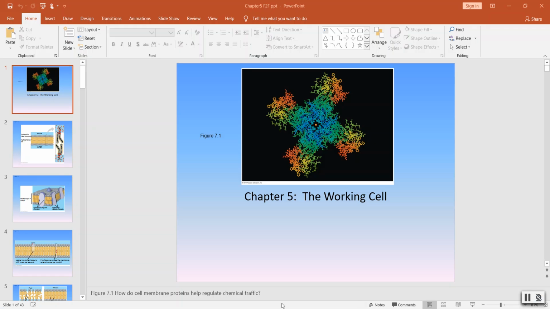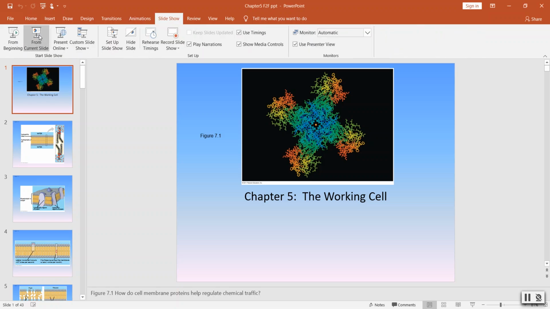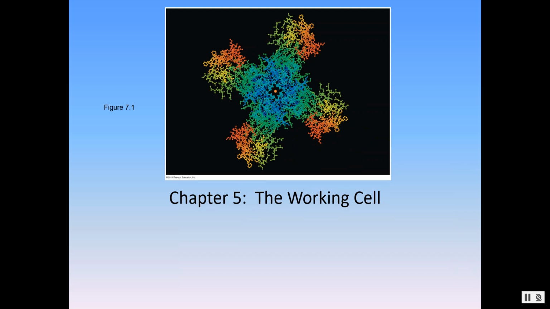Hello, and today we are going to review Chapter 5 called The Working Cell. This is going to allow us to take a look at the various functions of the cell.